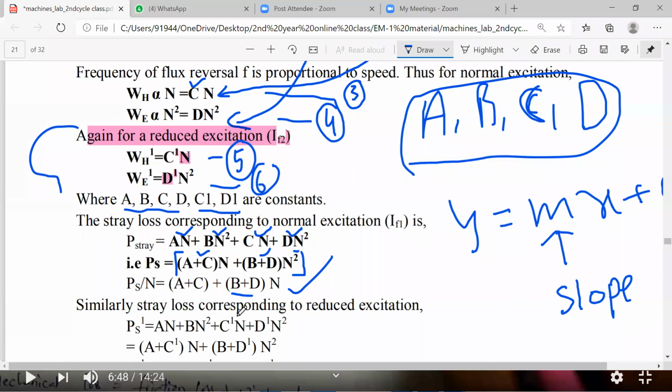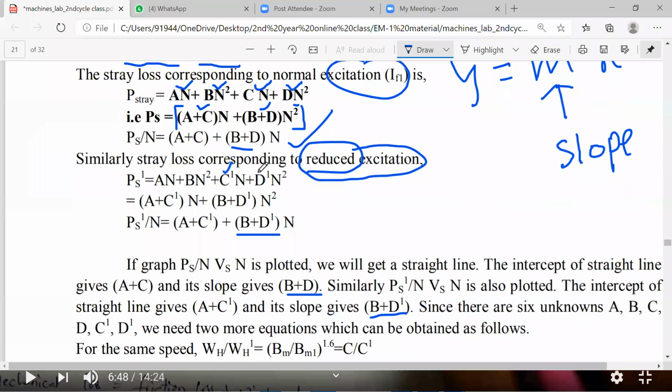Similarly, the stray losses corresponding to reduced excitation. This is the normal excitation, this is the reduced excitation. So the C component and D component vary, becoming C dash and D dash. The total stray losses Ps dash equals A n plus B n square, because A n plus B n square does not depend upon field excitation, so these are constants.